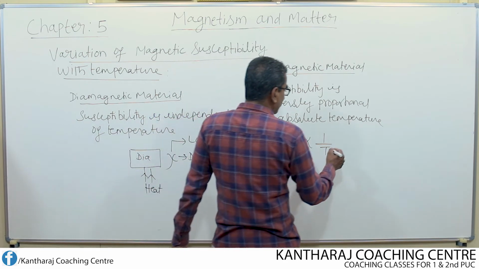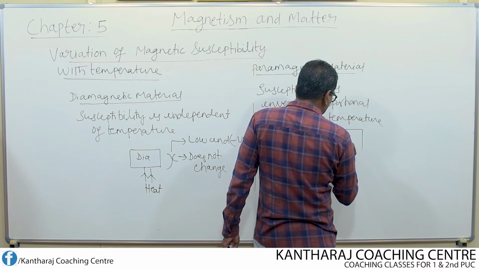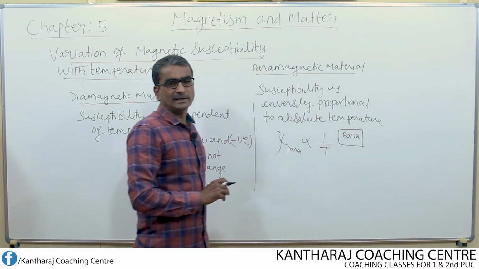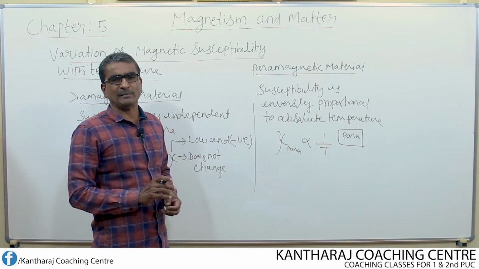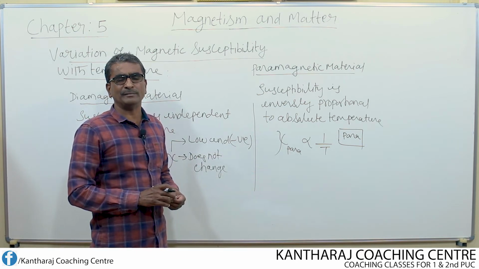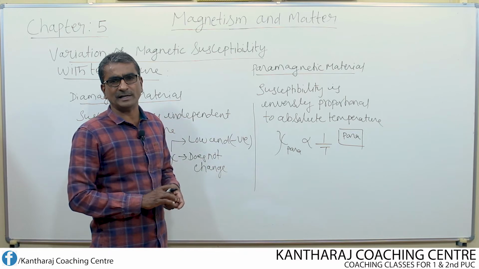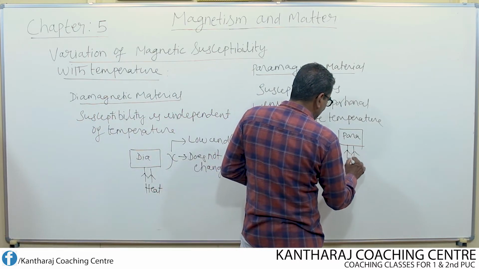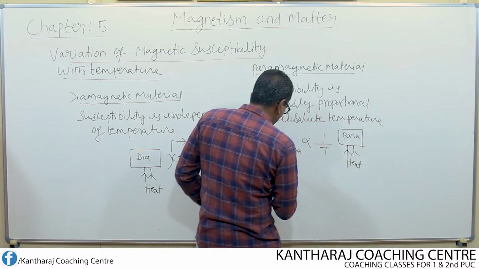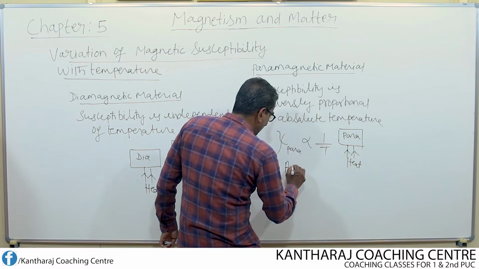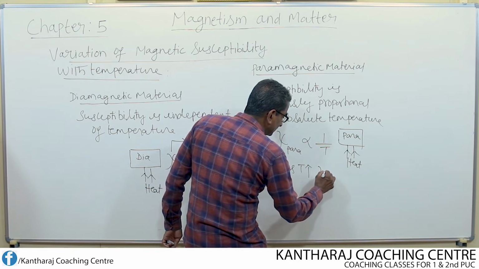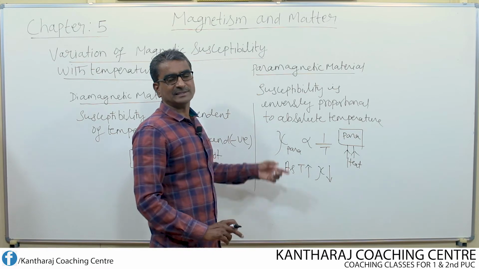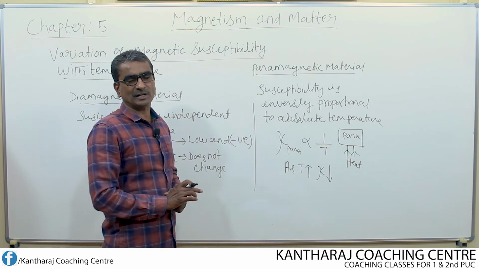What does it mean? Suppose if you consider a paramagnetic material and if we heat this paramagnetic material, too many, aluminum, chromium, indium, all these are paramagnetic material. If we heat this, then as temperature increases, its susceptibility goes on decreasing. That is the meaning of this, because it is inversely proportional.